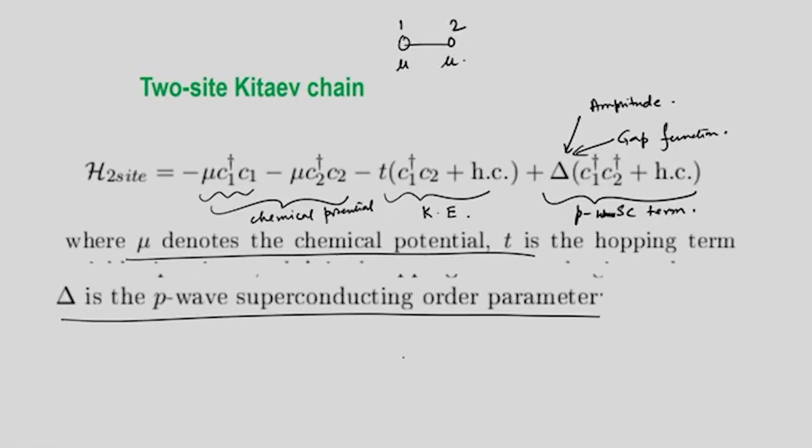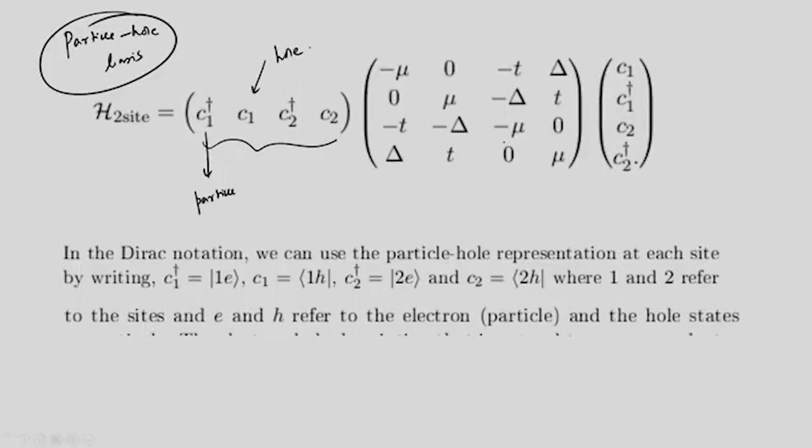If you write down all these things the way we have written it here, then you get this 4 by 4 matrix, which is a sparse matrix. Some elements are equal to 0, but there are all these elements that are non-zero. None of the blocks is equal to 0, even though some of the terms vanish.